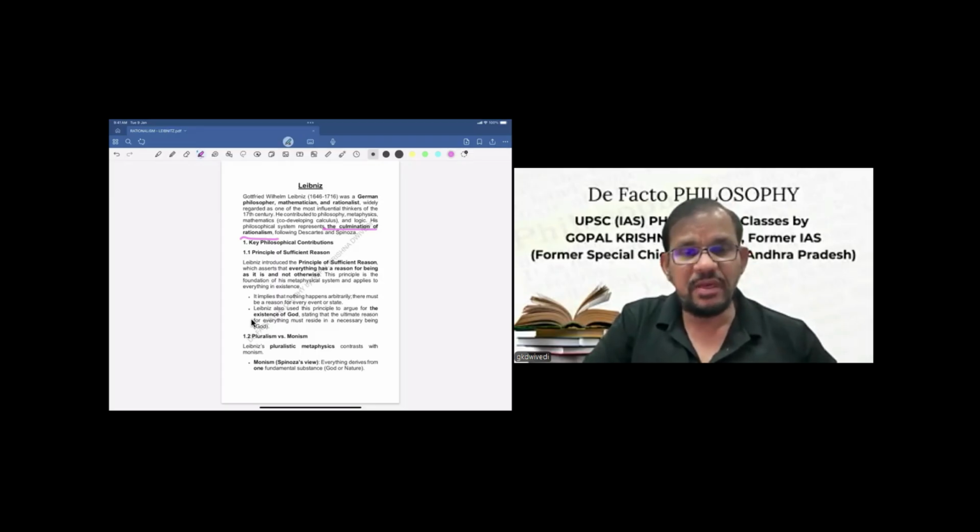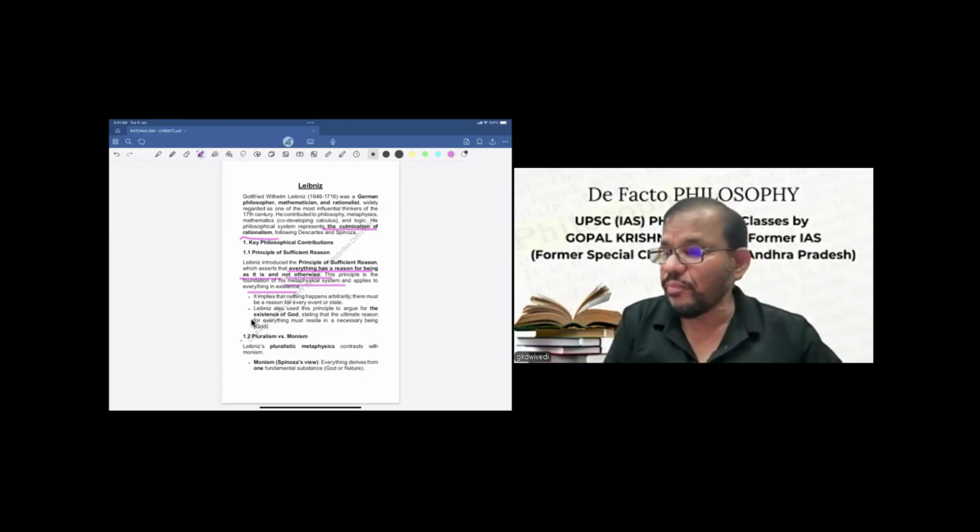Leibniz introduced the principle of sufficient reason: everything has a reason for being as it is and not otherwise. This principle is the foundation of his metaphysical system and applies to everything in existence. So this is the first principle which he has enunciated and focused on.